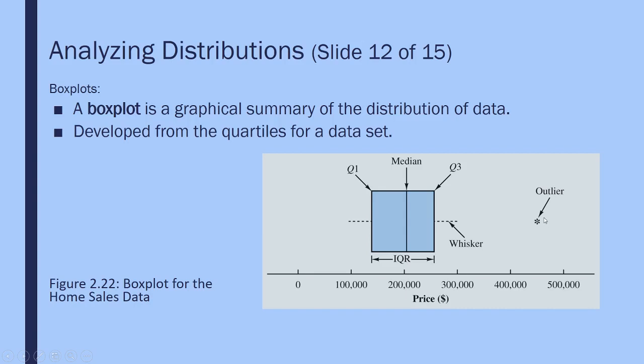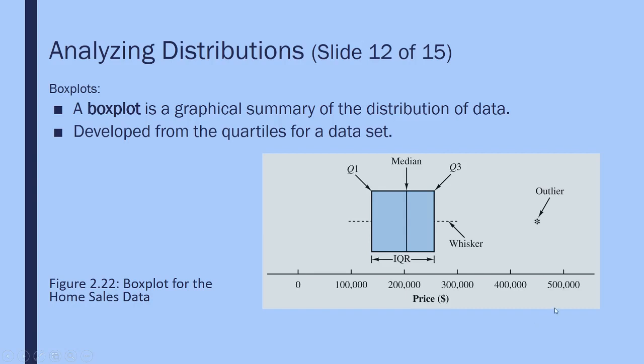Using the interquartile range, which is the IQR equal to Q3 minus Q1, we have the limits for the box plot. The limits are 1.5 IQR below Q1 and above Q3 for the home sales.